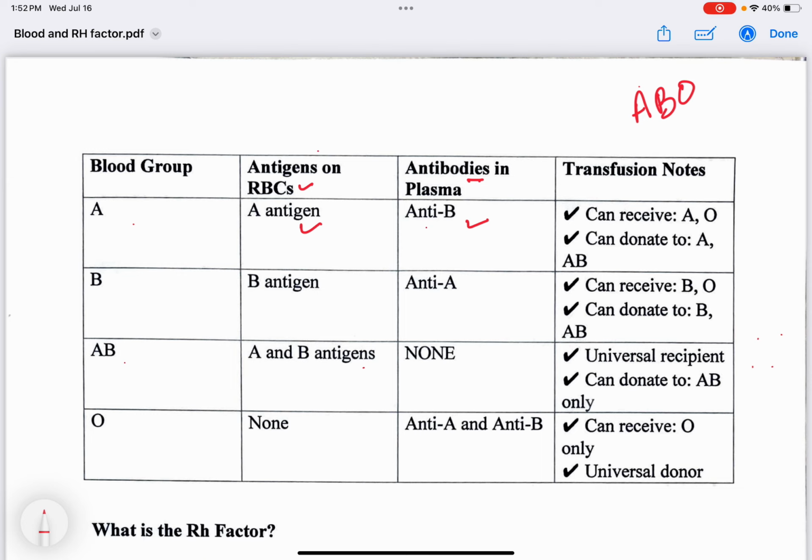So this blood group can receive blood from group A and O. Remember, O is a universal donor. It can give blood to anyone, but it can only receive from O.